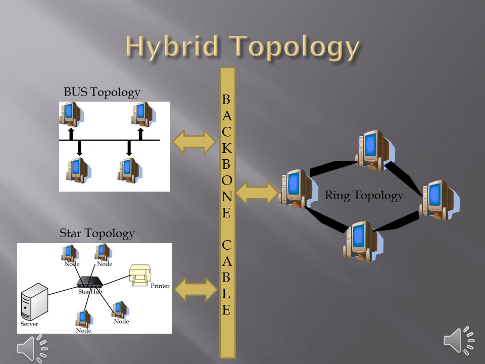A combination of star network and a mesh network can together form a hybrid network, or a combination of star and ring network can form a hybrid network. A combination of star and bus can form a hybrid network. The overall objective of doing this is to achieve the features of two different network topologies and provide high reliability and the maximum speed.